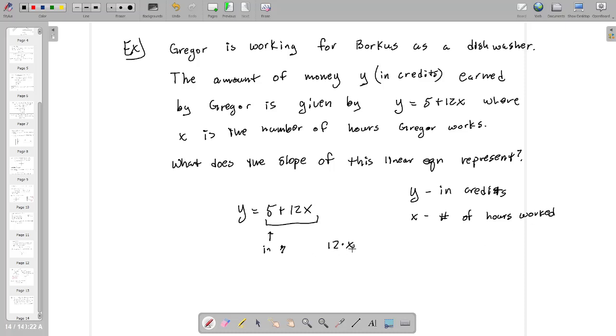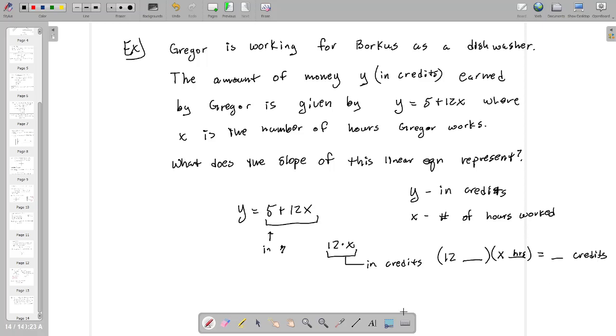So 12 times x needs to be measured in credits, but x is measured in hours worked, which means that we'll have 12, and we need to figure out what these units are to give us a little bit of insight, times x, and this is hours, is going to resolve to some number in credits.